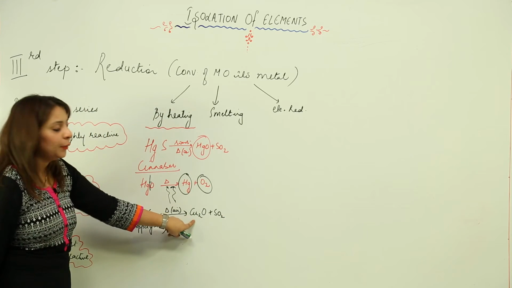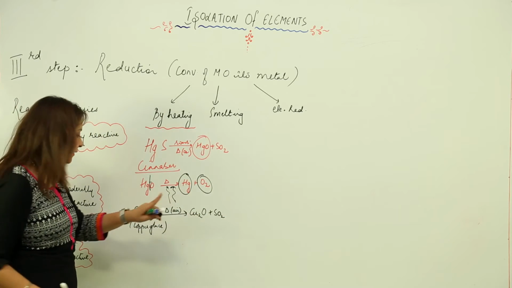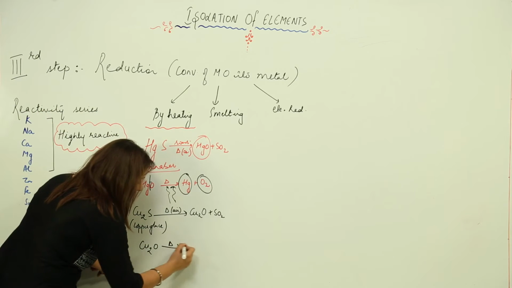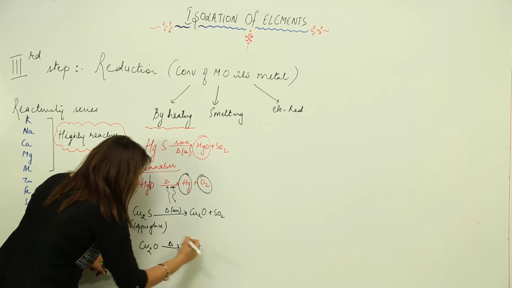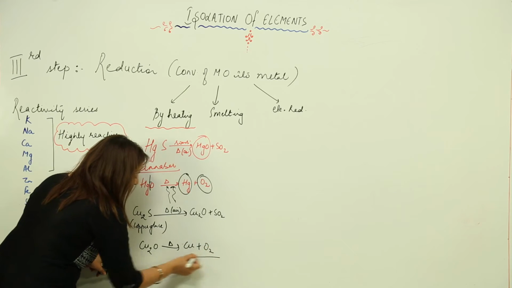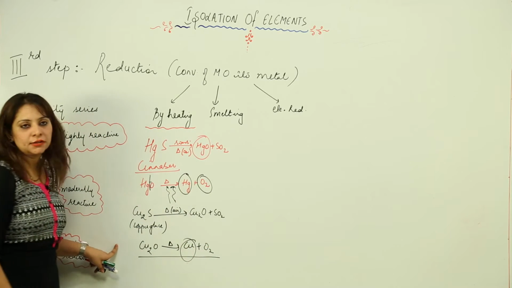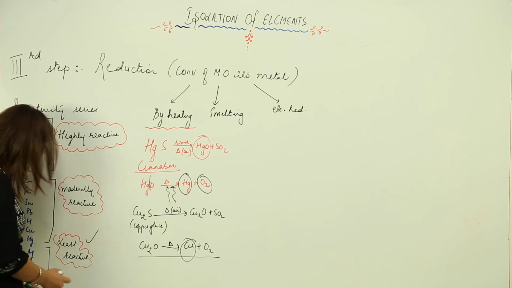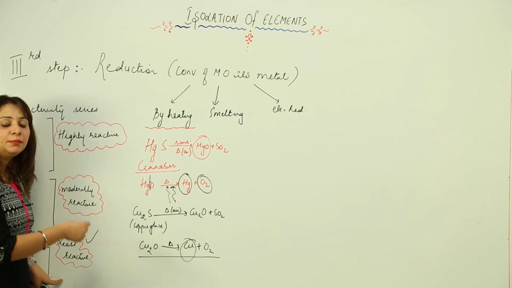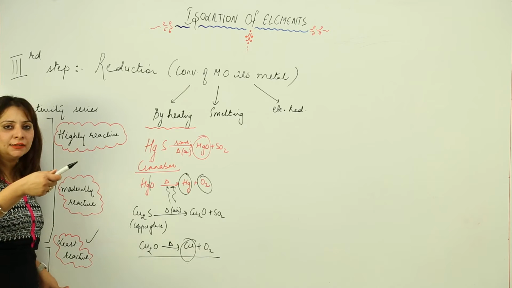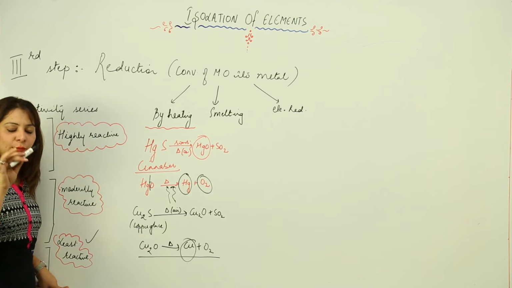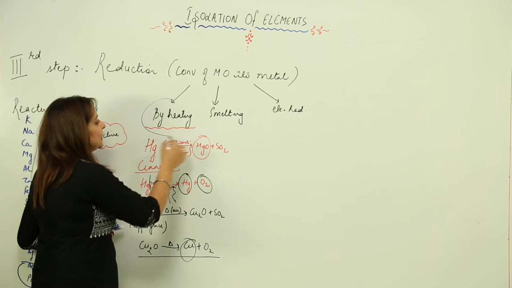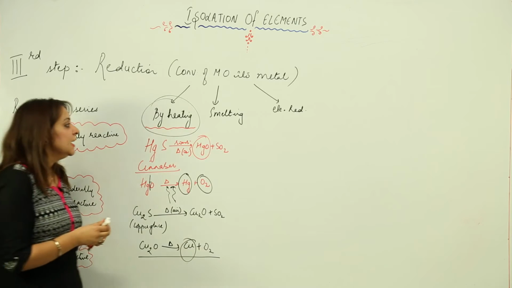Now this copper oxide can be reduced by heating. I just simply heat it, because the bond is not too strong, it will cleave and the metal gets separated. So the metals which are not so reactive, I am not talking of the least reactive, I am talking of the metals which are below hydrogen but above gold and platinum, can be reduced by this process, that is heating, right.